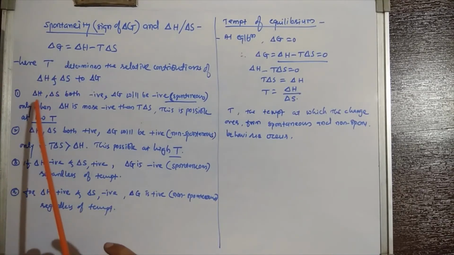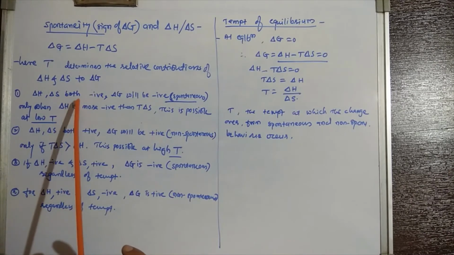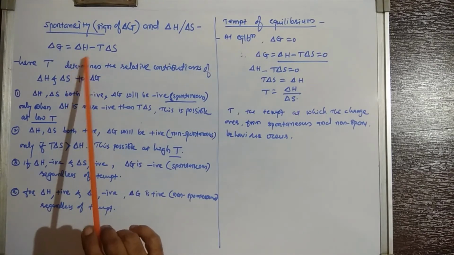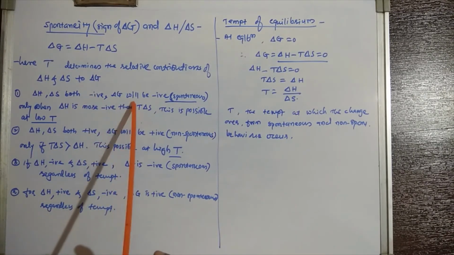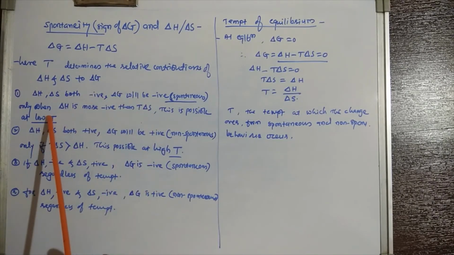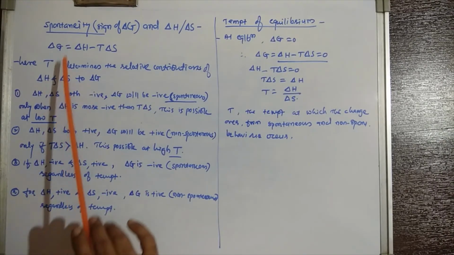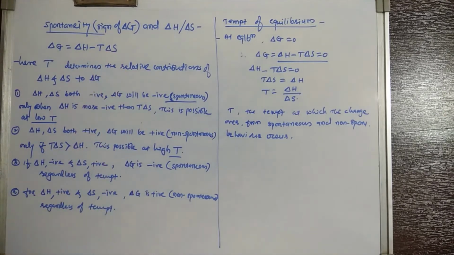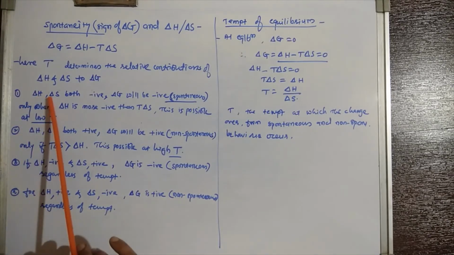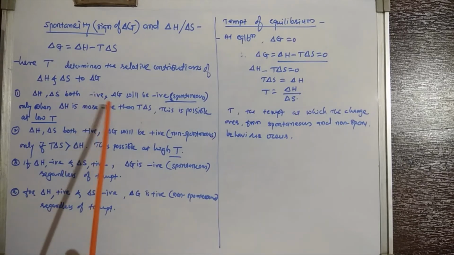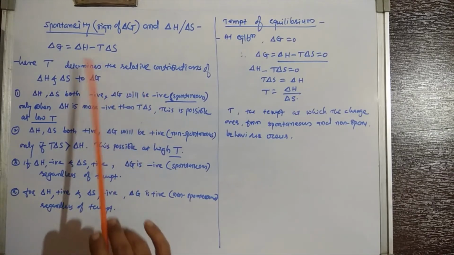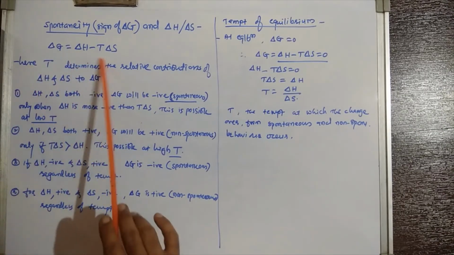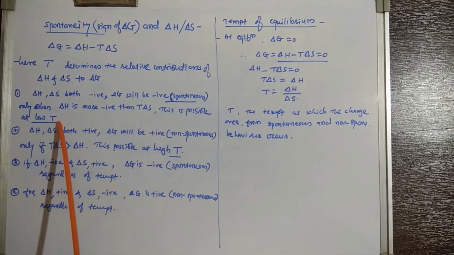Suppose delta H and delta S are both negative, then delta G will be negative only when delta H is more negative than T delta S. This is possible at low temperature.